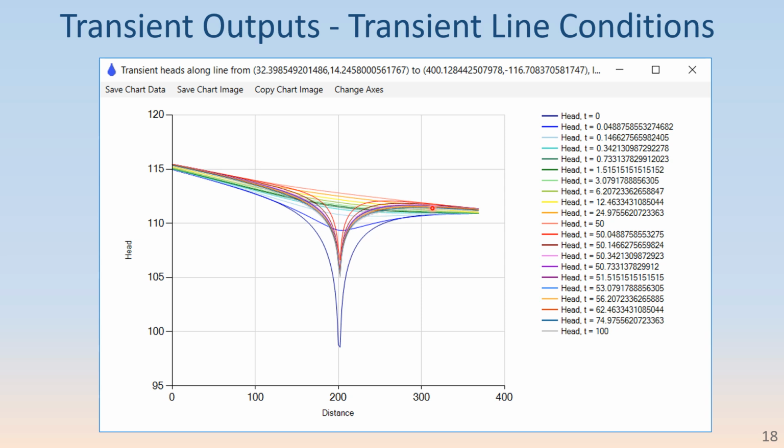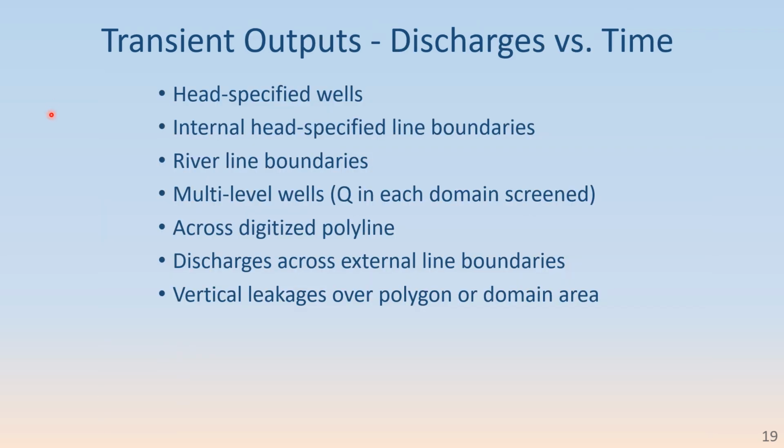In Anaqsim, you can get nice outputs of transient discharges versus time for all of these kinds of features: head specified wells, line boundaries, rivers, and multi-level wells where you're not sure of the breakdown of discharge between the domains spanned. That can be output.